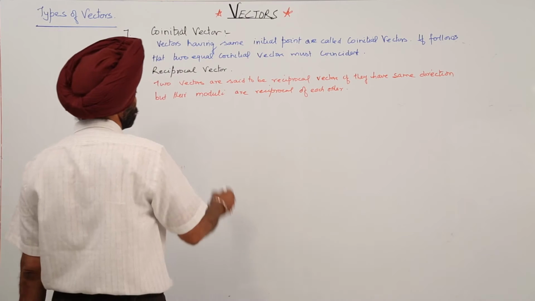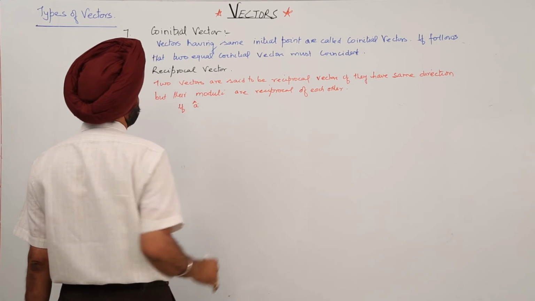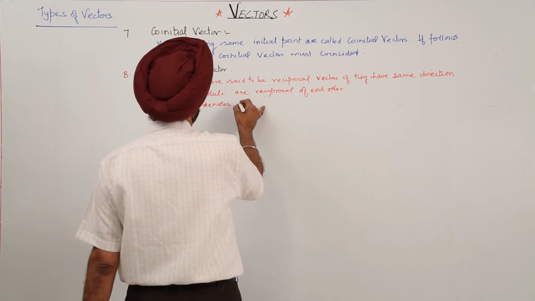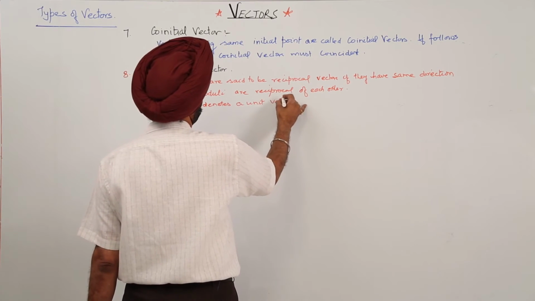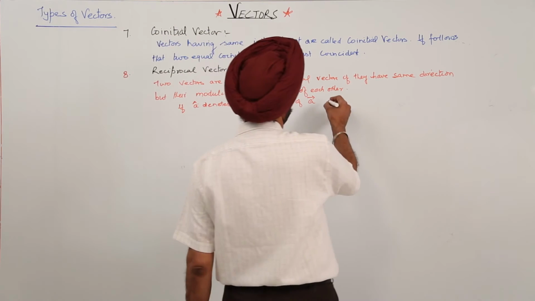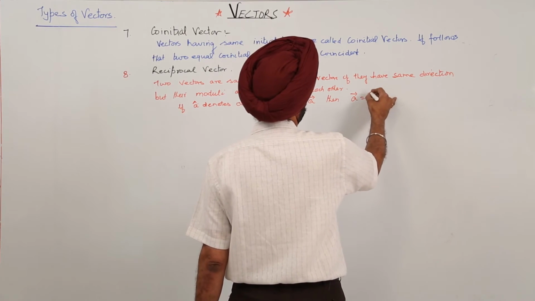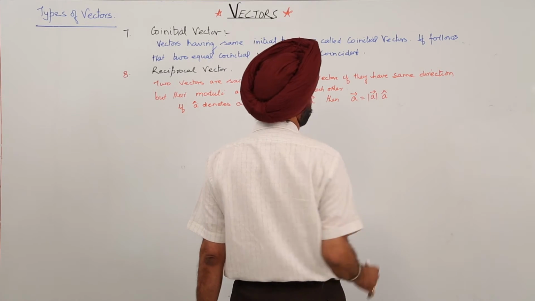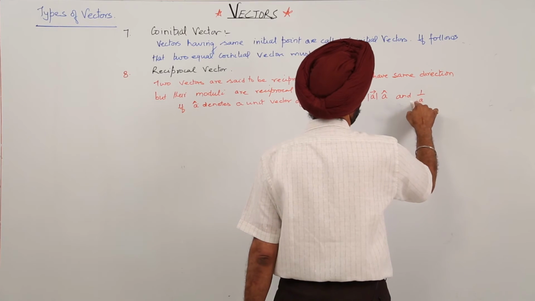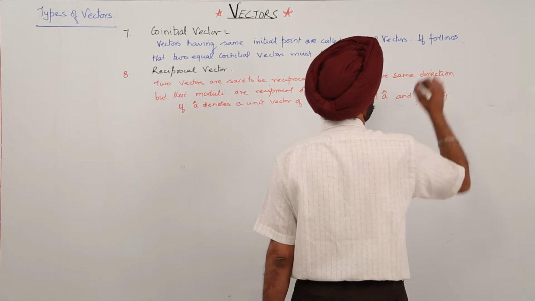Is it clear? Now, if A cap denotes a unit vector of vector A, then vector A is equal to modulus of vector A times A cap, and 1 upon vector A is equal to A cap upon its modulus, the reciprocal of the modulus.